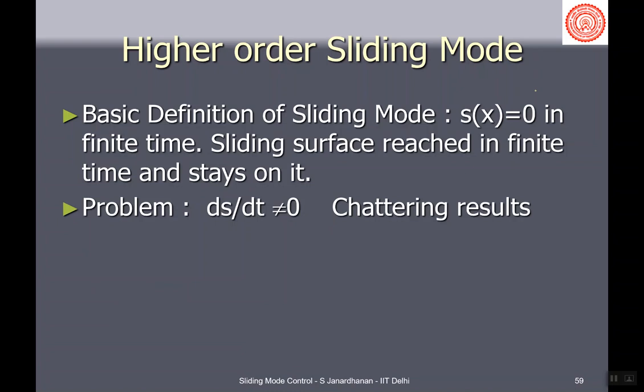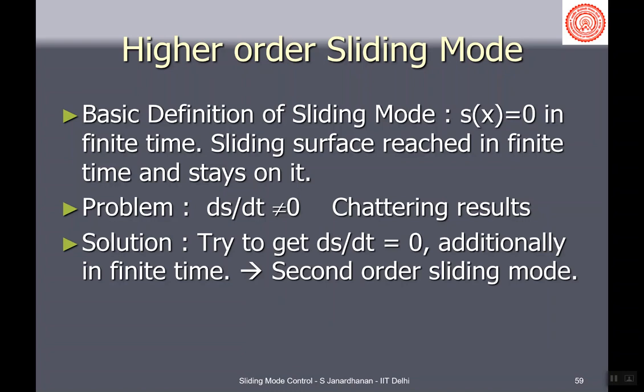So what we needed was that s of x should be equal to 0 in a finite amount of time, and when the sliding surface is reached in finite time, then it should stay on it. The problem was that the chattering was happening. The solution is to somehow get a control such that s dot, ds by dt, also goes to 0 along with s equal to 0 in a finite amount of time.